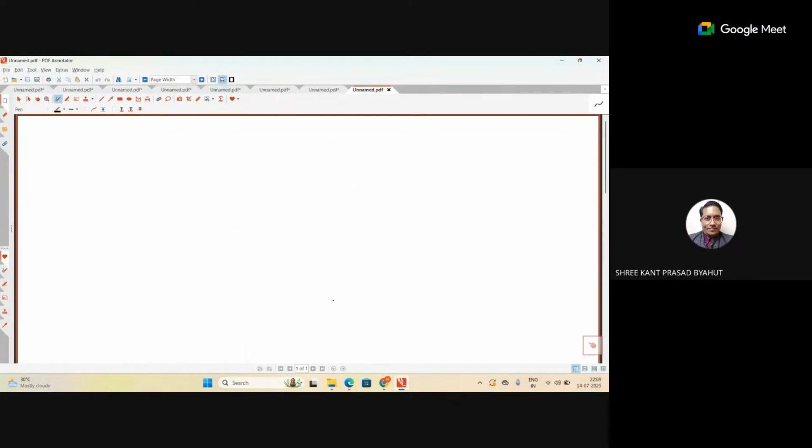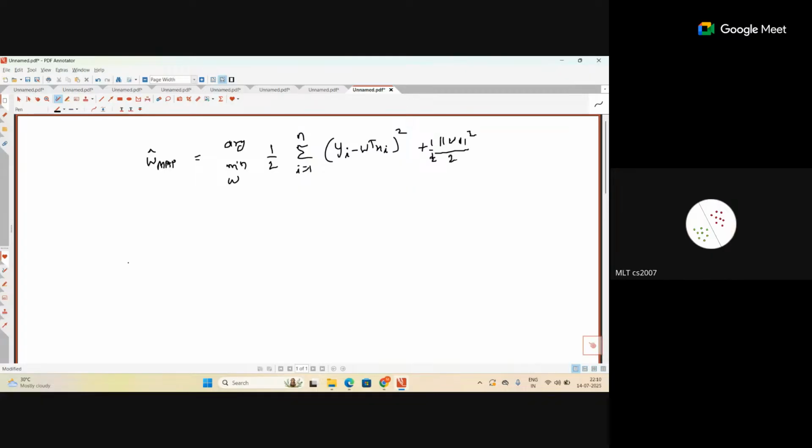This problem will become a minimization. The summation is already there, and I can say arg min over w of 1 by 2 summation of i equal to 1 to n, yi minus w transpose xi squared, plus half, w square by 2 gamma square.